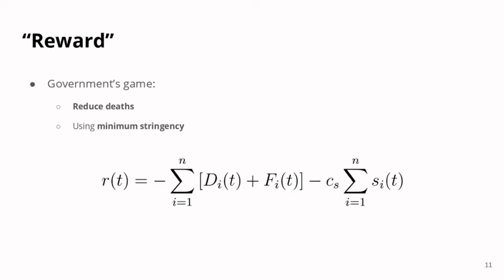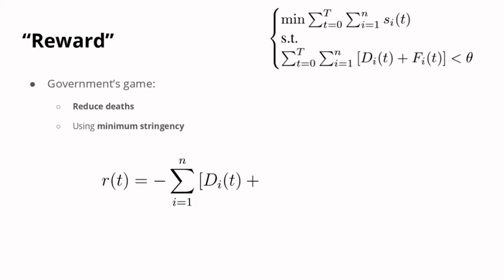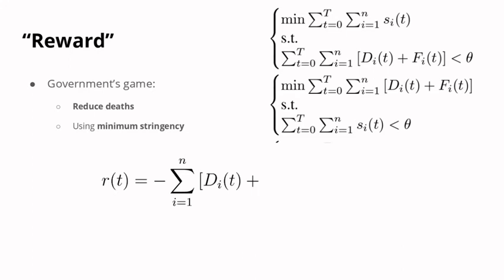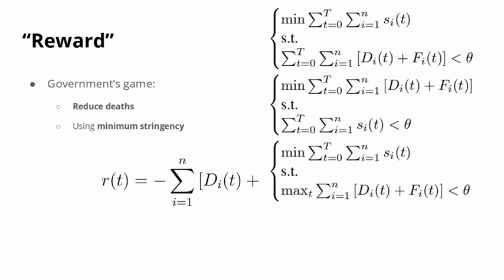This reward allows us to pose this planning problem in 4 different ways. We can think, for example, of minimizing the stringency across an episode such that the deaths are bounded, or we can minimize the deaths such that the stringency is bounded.